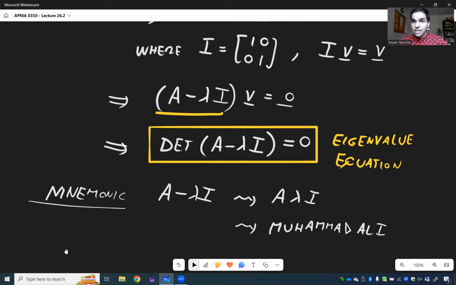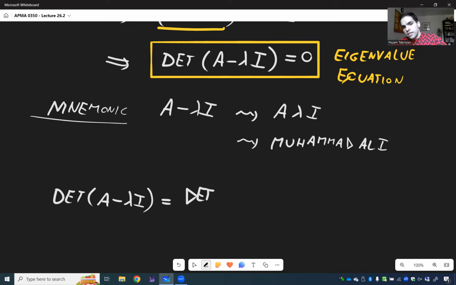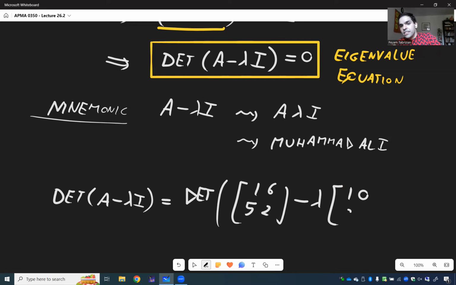All right. And now let's do this. So here we'll do the slow way. And then in the next example, we'll do a slightly faster way. So here, the determinant of A minus lambda I is the determinant of our matrix [[1, 6], [5, 2]] minus lambda times the identity matrix [[1, 0], [0, 1]].